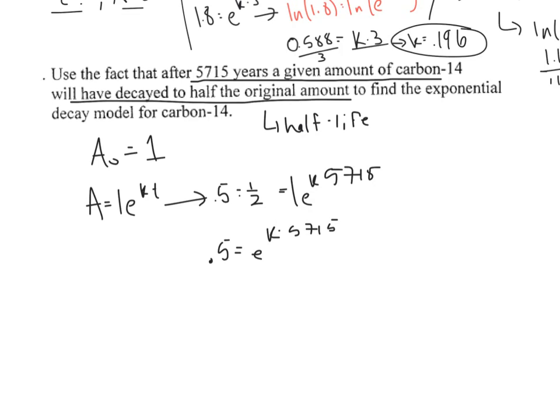All right, and now we just do our natural log stuff. We take the natural log of both sides. The natural log of 0.5 is going to equal 5,715 times k. The natural log of 0.5 is, if you notice, this is where we're going to get a negative number, negative 0.693.